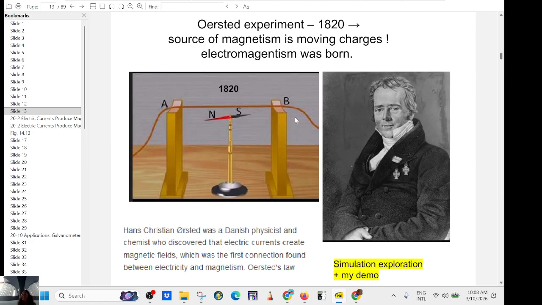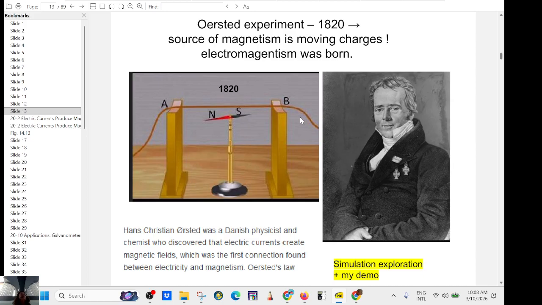Yeah, exactly. He just discovered that electricity creates magnetism. The source for magnetism is actually moving charges. It could be moving electrons, but inside the Earth, it's moving ions, like iron that has lost electrons.